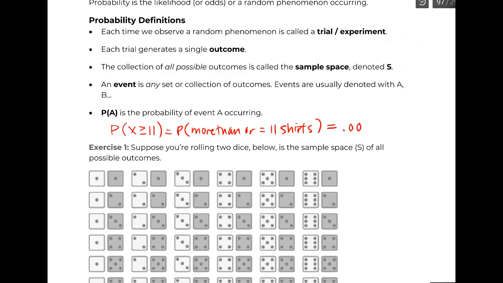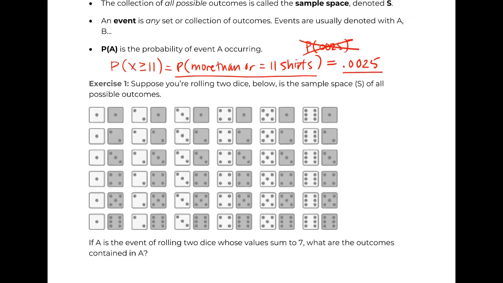So for us, it was something very, very small. We never are going to write the probability itself inside of the notation. This is our probability of what. So whatever we're looking for, our event, is what goes inside the parentheses, and that just equals a number. We're never going to put the number inside of that notation. That's a very common mistake students make.